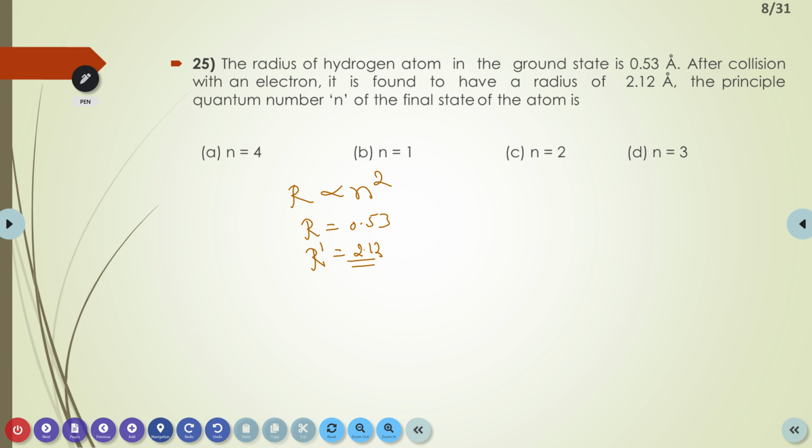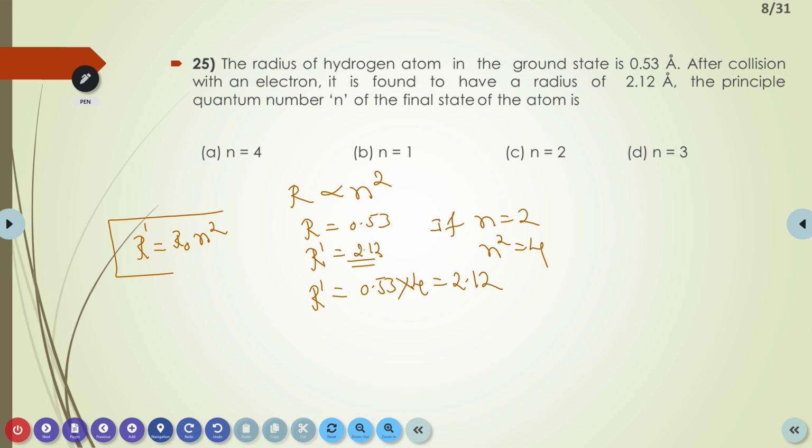This is possible only if n equals 2, because n square equals 4. Then 0.53 into 4 equals 2.12. Here I used the formula R dash equals R naught into n square.